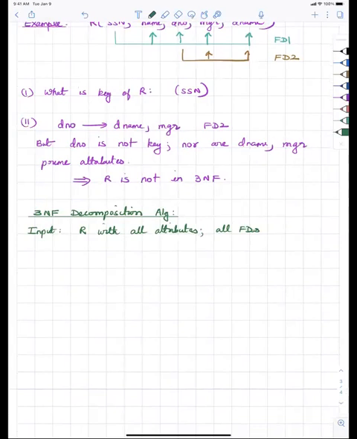Then there are two steps. Step 1, first you compute the key of R.